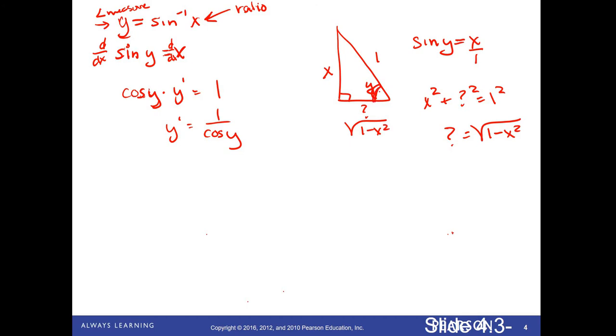So again, using this same triangle, the cosine of y is adjacent over hypotenuse, or 1 over the square root of 1 minus x squared. So that's where this formula comes from.